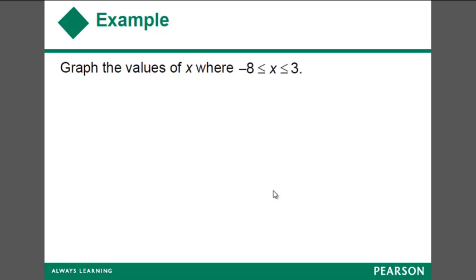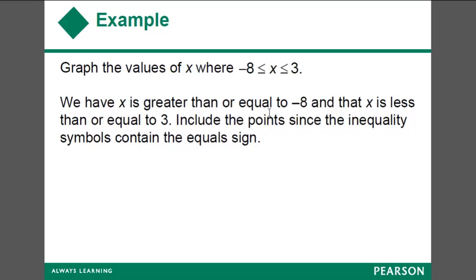This one is a compound inequality where there's not the words and or, but it's an understood and. It also means that x is between these two numbers. Graph the values of x where -8 is less than or equal to x, which is less than or equal to 3. So we want to know where x has to be greater than or equal to -8, but it also has to be less than or equal to 3.